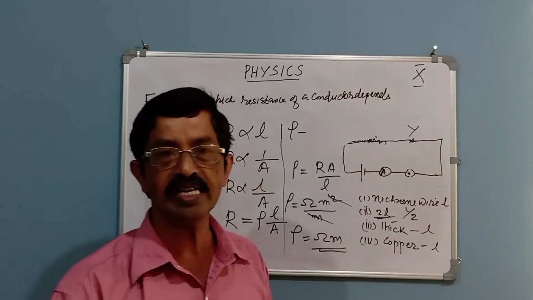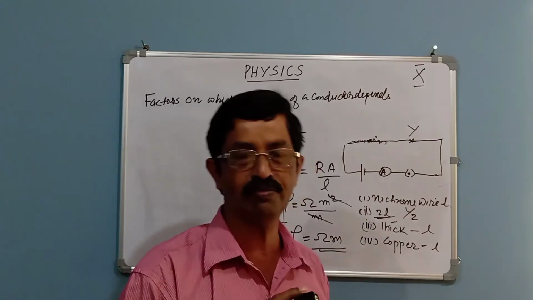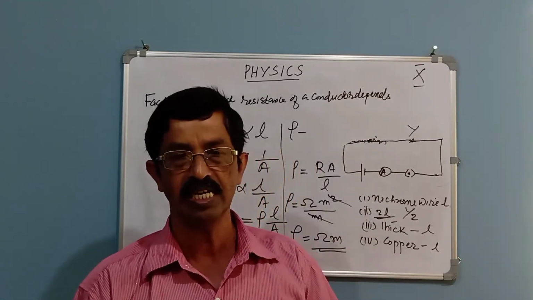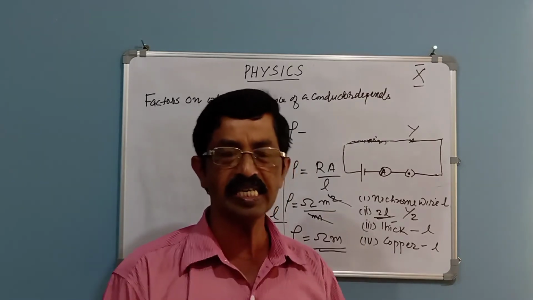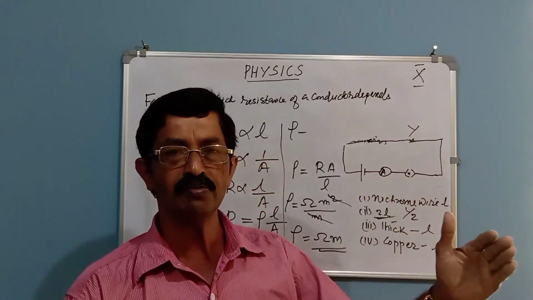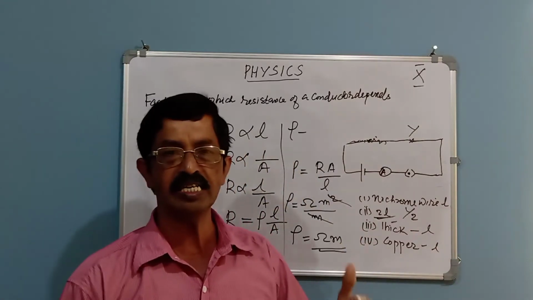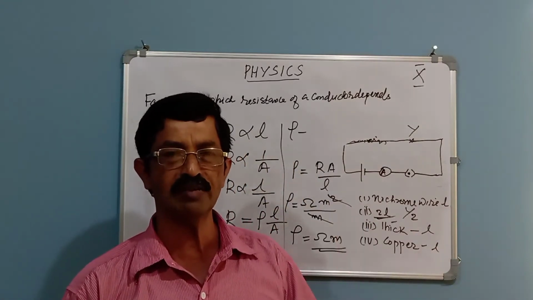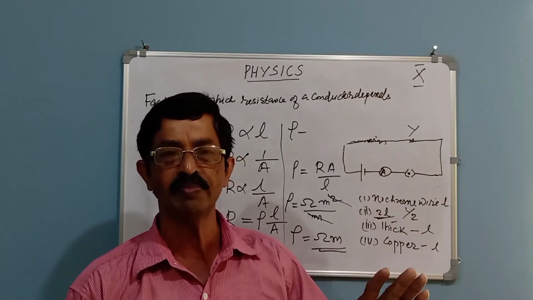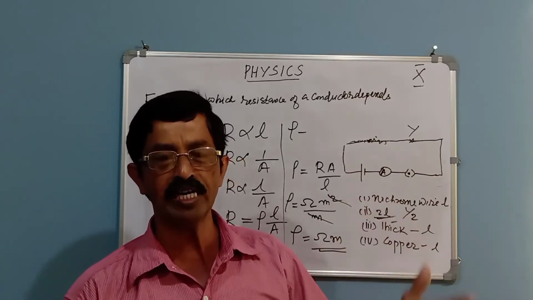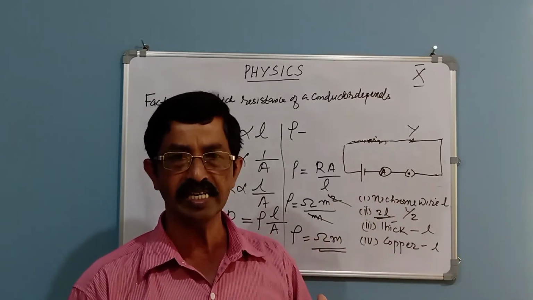What actually are resistance and resistivity, and how are they related? Resistance is for a material of any length. If its length is 25 centimeter or 50 centimeter, whatever hindrance it offers to the flow of current, that is the resistance.